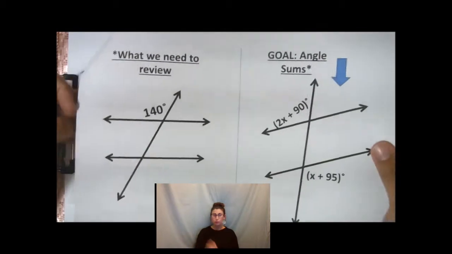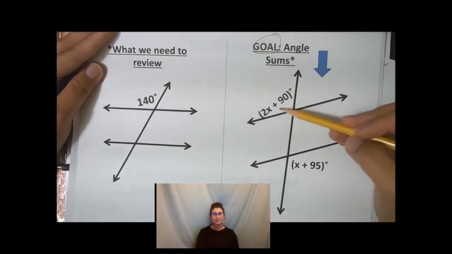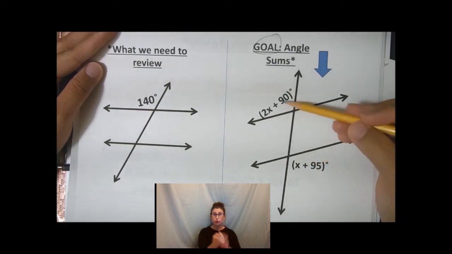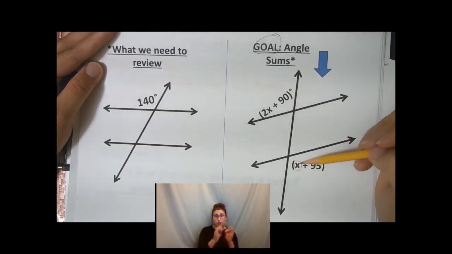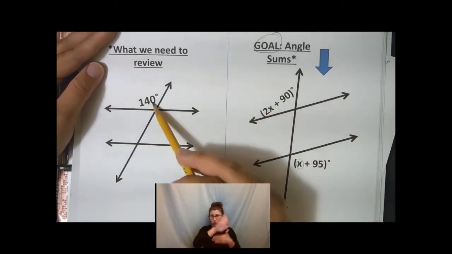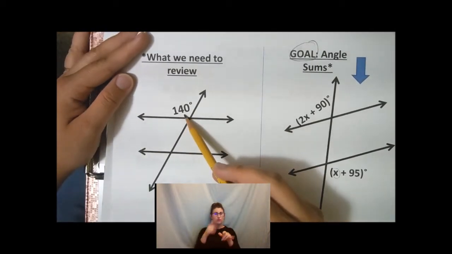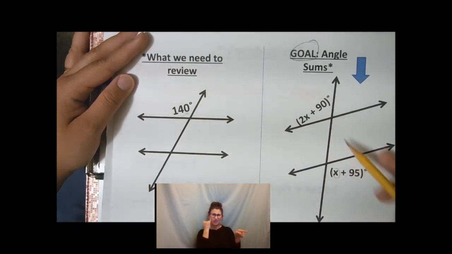So, again, our goal is, if I give you two equations, can you tell me what the x value is and what the degree measurement is? Instead of writing x plus something, can you just give me the whole degree measurement? Like over here, if I give you 140, and that's the whole degree measurement there, can you do that here if I give you equations?